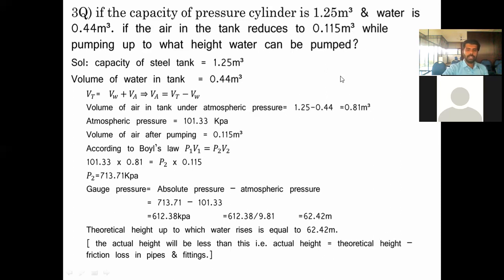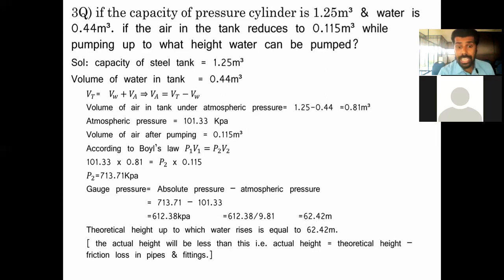So by the gravity, when you divide, you'll be getting its height. 612.38 divided by 9.81 gives you 62.42 meter. So when we calculated by the formula, we got 62.42 as the head, which means that the theoretical height up to which water can be pumped is 62.42 meter.